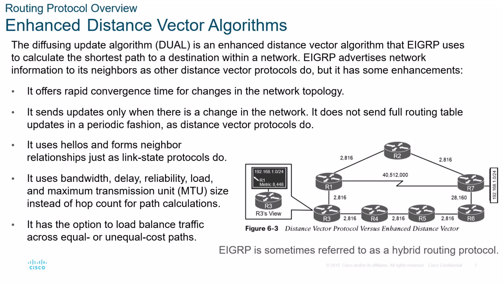EIGRP will use bandwidth, delay, reliability, load, and the maximum transmission unit size instead of hop count for calculation. It has the option to load balance traffic equally or unequally across paths. So what does that mean?